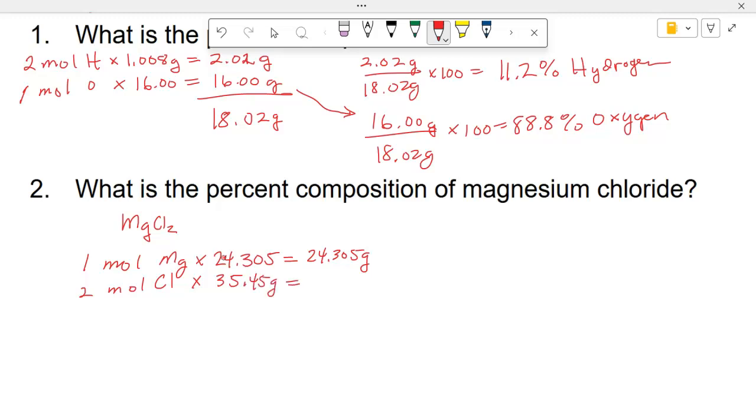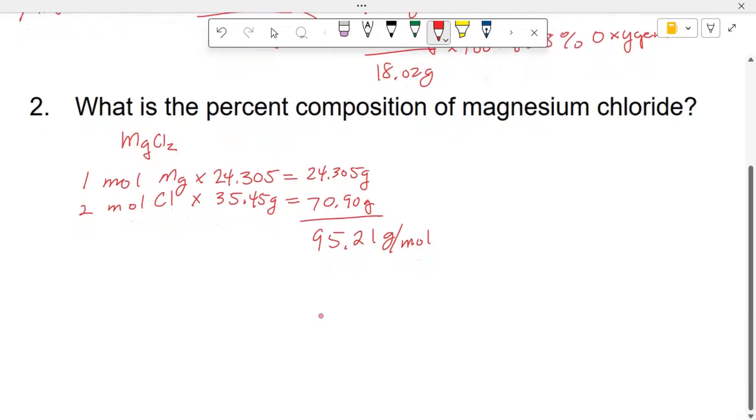And so 2 times 35.45 comes out to be 70.9, I believe. Yes, 70.90 grams. And then we add those together and get 95.21 grams per mole as the molar mass of our entire compound there.